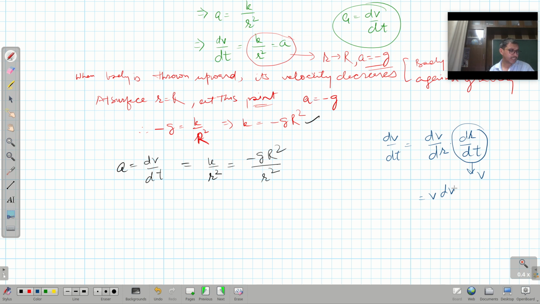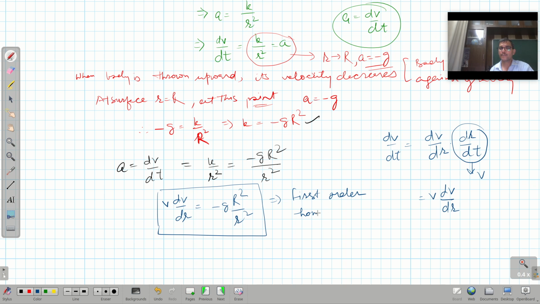So it can be written as v dv over dr is equal to minus g R square over r square. And this is a simple first order homogeneous differential equation, right?